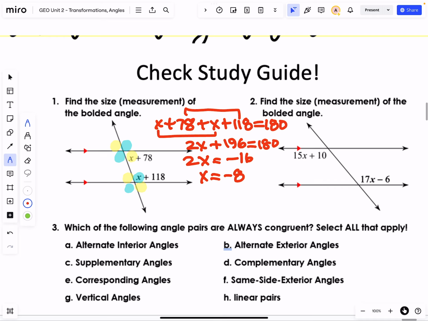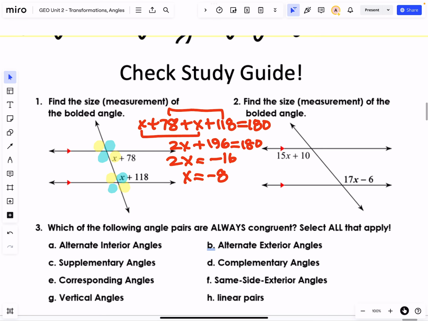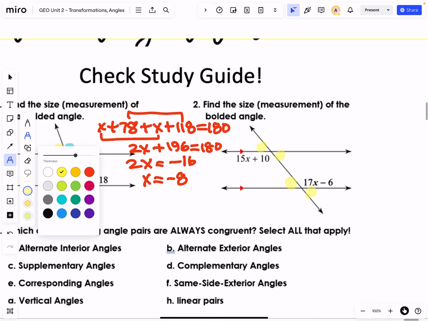All right, next problem number 2. Same idea. Actually, put your answer into Edpuzzle. And then same idea. We're going to look at, are these angles congruent or are they supplementary? Take a second and color code them. Here, these 4 are all the same.